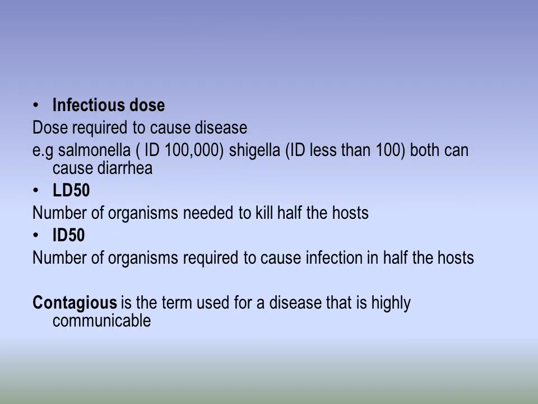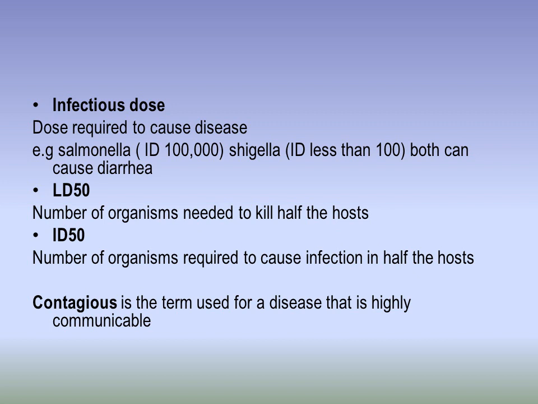Then we have infectious dose, the dose required to cause disease. Like Salmonella, it would need around 1 lakh Salmonella to cause a disease, whereas in the case of Shigella we only need less than 100 organisms to cause diarrhea.